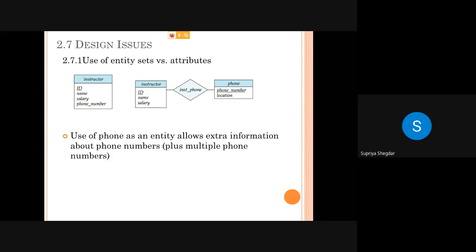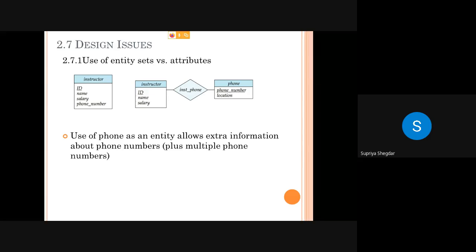The instructor is one entity set, and phone number is one attribute of it. Instead of using phone number as an attribute, if we create phone number as a new entity set, then it will allow us to store extra information about the phone. So it is our first issue.